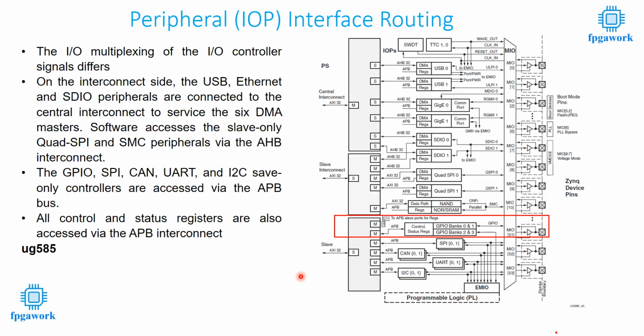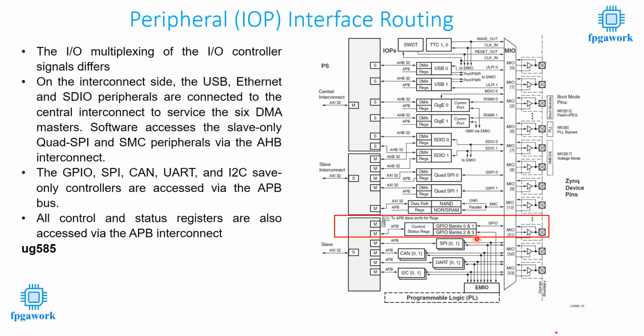So in this part our focus will be on this portion. We will be explaining and implementing this part. Here we can see that there are 4 different banks, bank 0, 1, 2, 3.